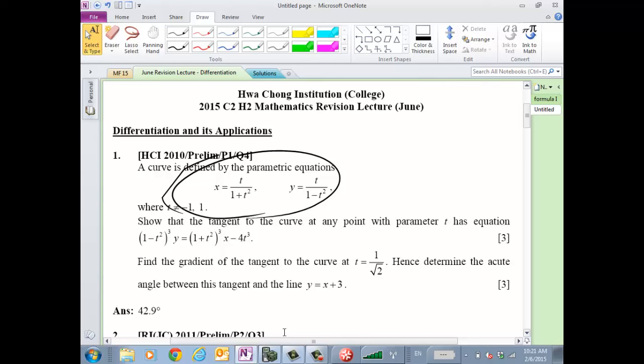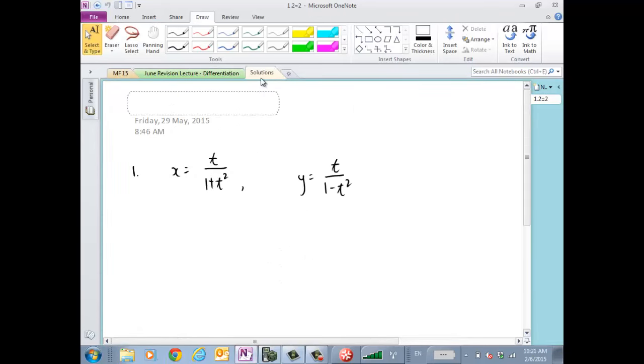Alright. For those who have tried the question, I think you will do the differentiation. I'll just show you some of the steps. For your differentiation, usually you need to use the quotient rule. It depends on the question, because for some questions, applying the quotient rule is actually easier.